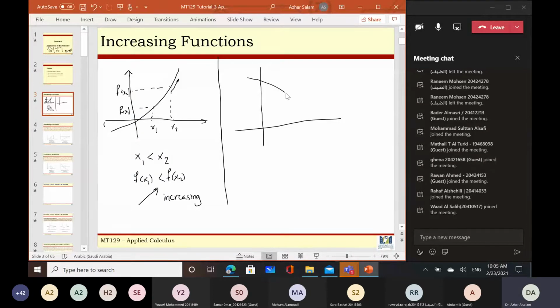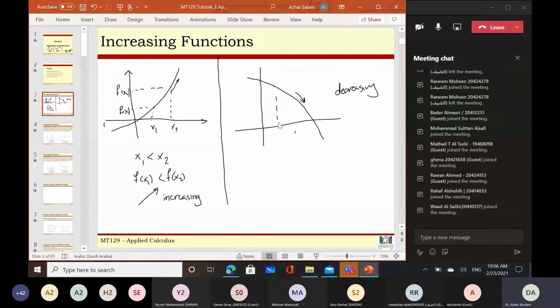This function is increasing. Also, if I have a function going down when I move from left to right, like this, then I said that this function is a decreasing function.